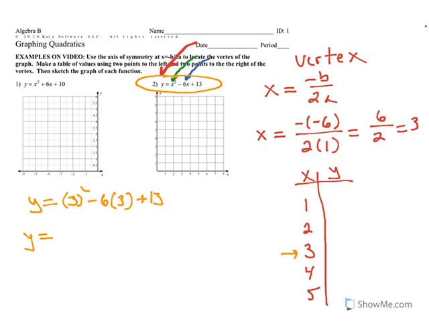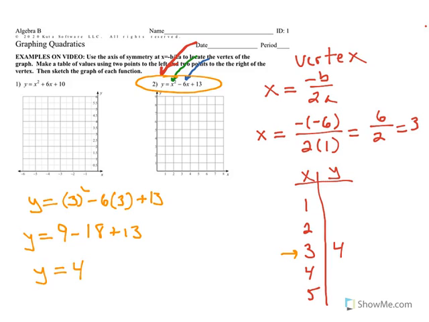And 3 squared, that's 3 times 3, that should get you 9, minus 18 plus 13. And 9 minus 18 plus 13 should get you 4. So that's going to be our y value. So 4.